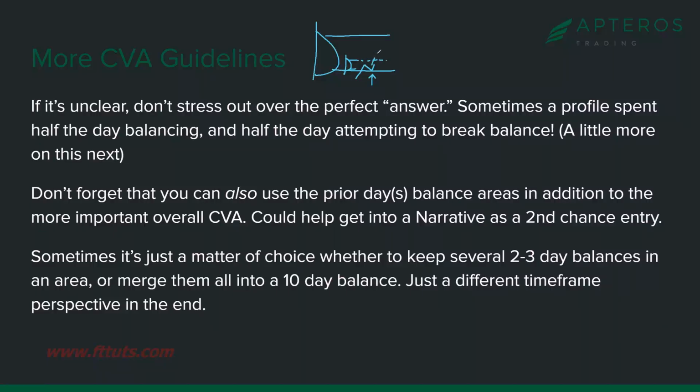You might could get into this trade as a second chance entry using a prior single day's distribution within the context of the rejection from the lower end of the composite, traversing the full composite. You can use individual days in addition to, complementary to, not against CVAs, but complementary to CVAs when you get those trades. We'll talk more about that, but that's just a little early indicator.